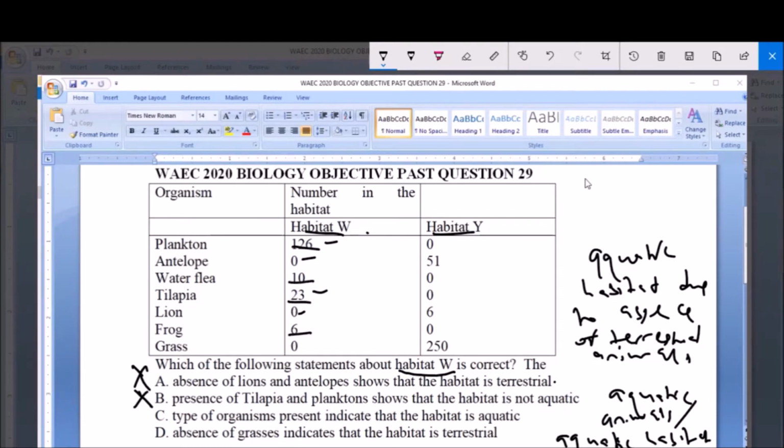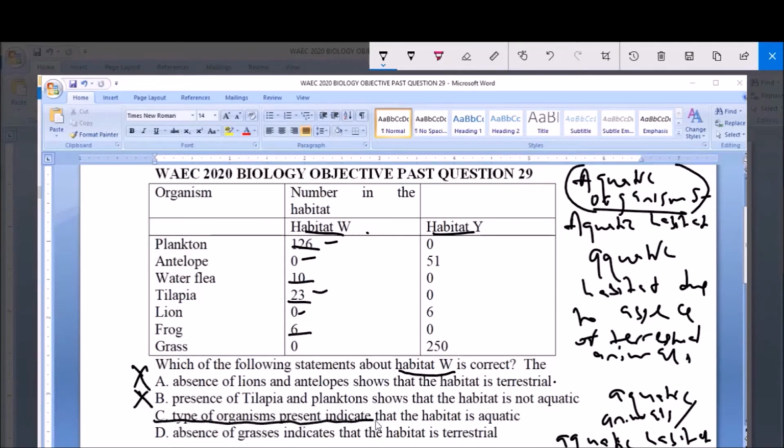All these organisms are aquatic organisms, and since they are all aquatic organisms, it is an indication that the habitat is an aquatic habitat. So option C, type of organisms present indicates that the habitat is aquatic, is correct and is the correct answer to this question.